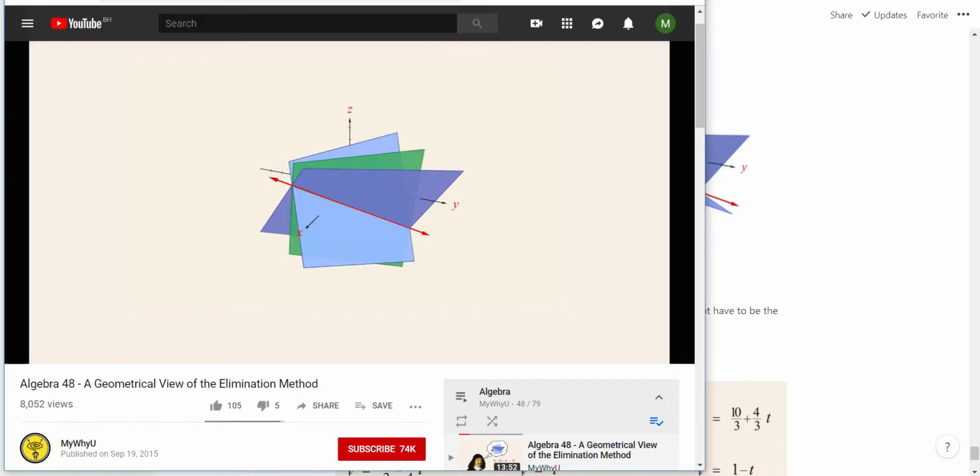Additionally, as we saw in 2-variable systems, multiplying one or both equations by constants before adding can change the orientation of the resulting plane, although it must still include this line of intersection.